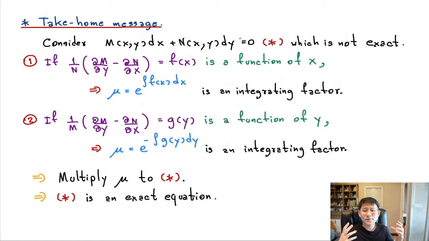We do have lots of forms, but that's why I tend to make this slide for you guys, the take home message. It's one slide that tells you everything, so that it's easier for you to memorize things.